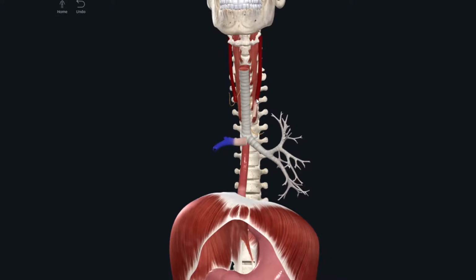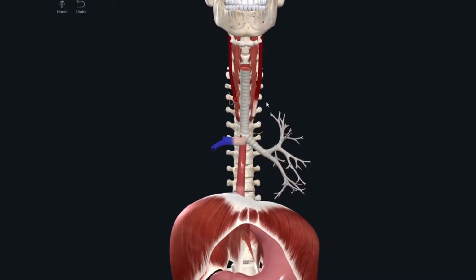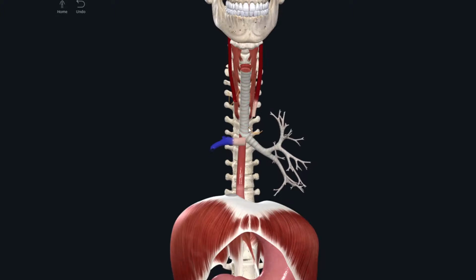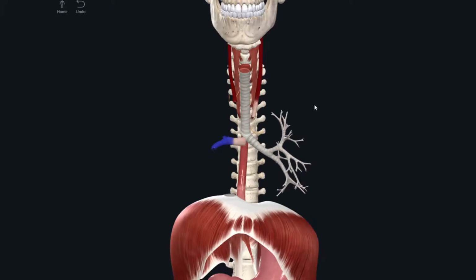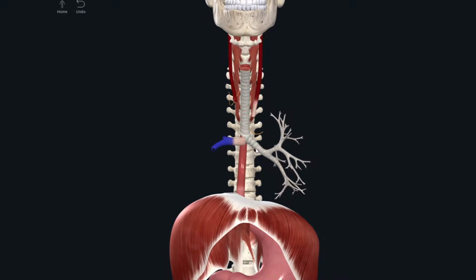So as you can see, the first part that is in close conjunction is the inferior portion of the trachea. And then we have the bifurcation of the trachea, the left bronchus right here. Also the right bronchus, but a very small portion of it, but mostly the left bronchus.